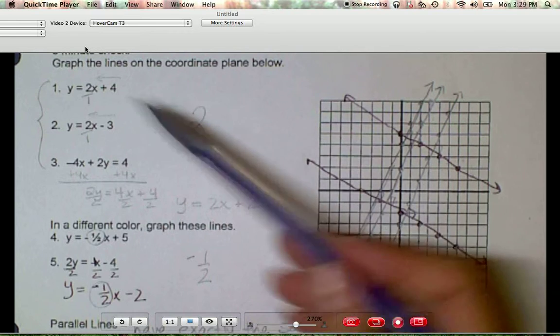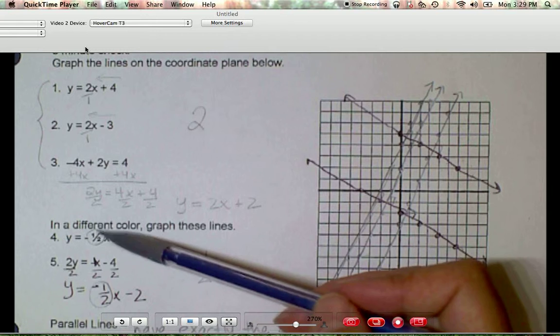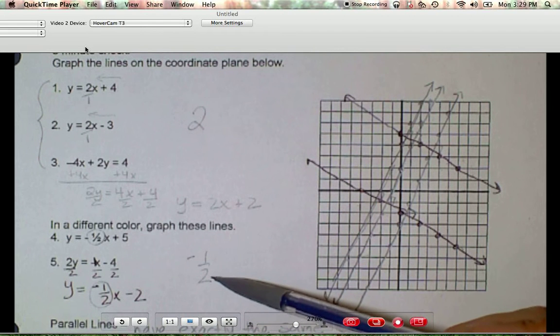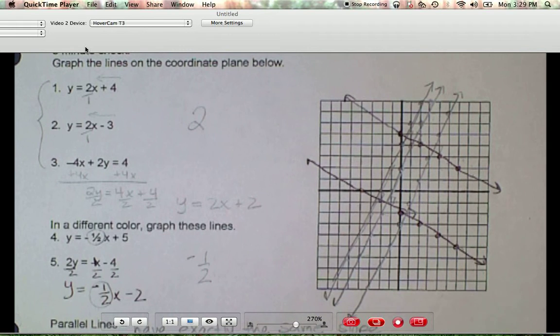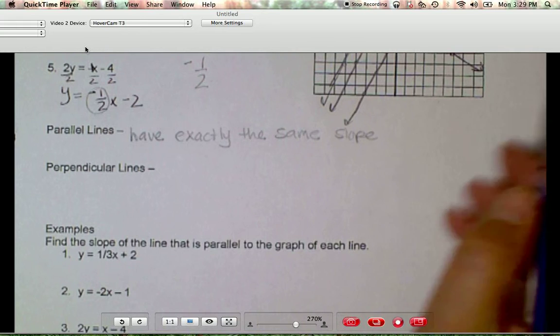So equations of lines that have a slope of 2 end up being perpendicular to equations of lines that have a slope of -1/2. And that helps us define perpendicular lines.